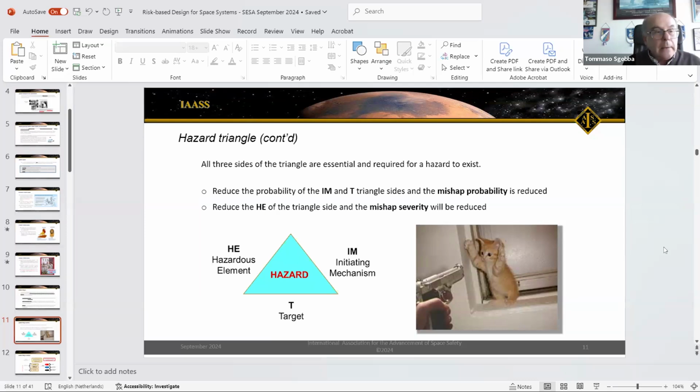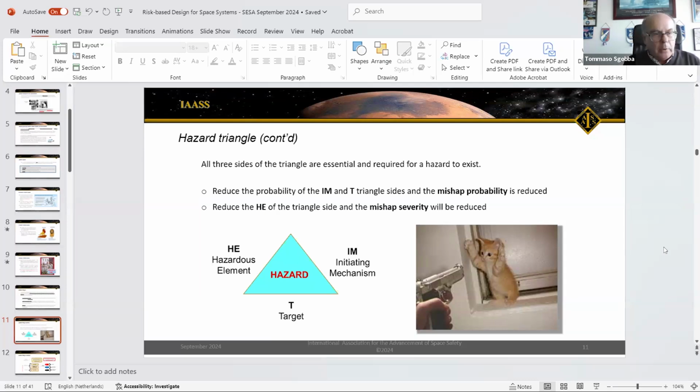And then by some chance, some mistake, the gun could fire when the cat is exactly on the trajectory of the bullet, and the poor cat is killed. So the hazardous element is the bullet. The initiating mechanism is the gun with the owner triggering the gun, and the target is the cat.